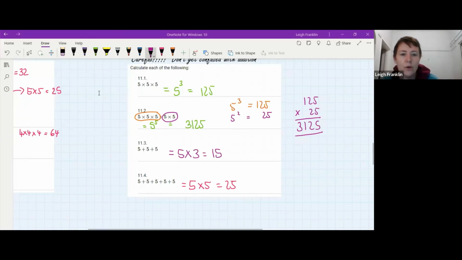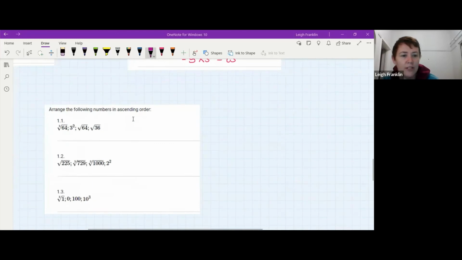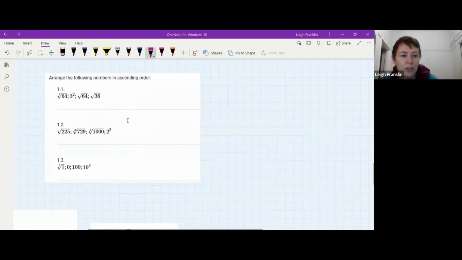All right, let's go on and have a look. Now we've got to arrange numbers in ascending order. Before we get started, what does the word ascending mean? If we want to arrange something in ascending order, it's got a very specific meaning.